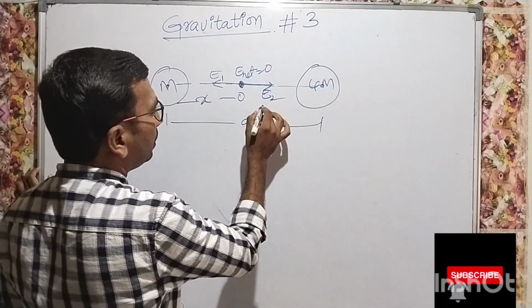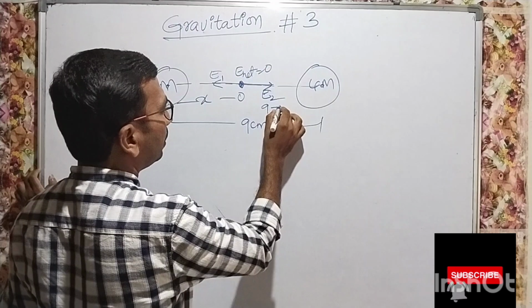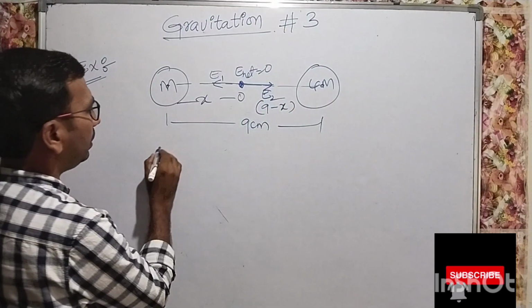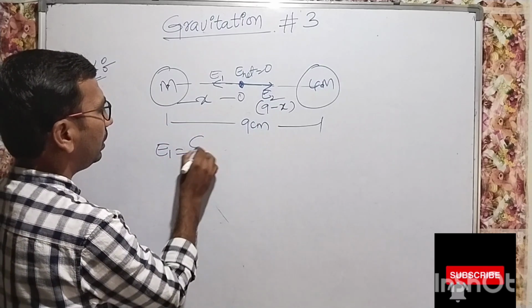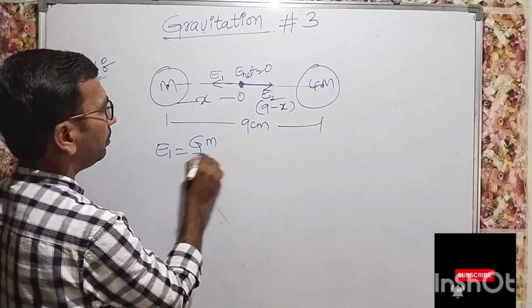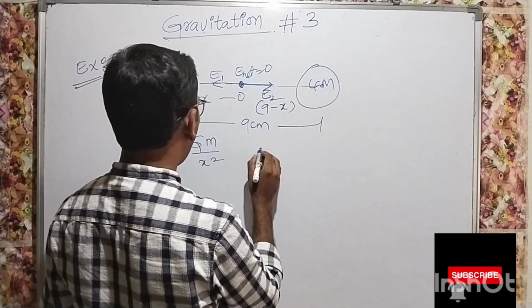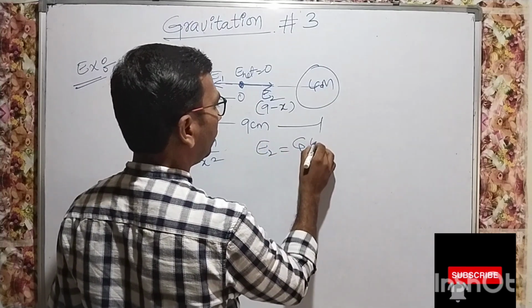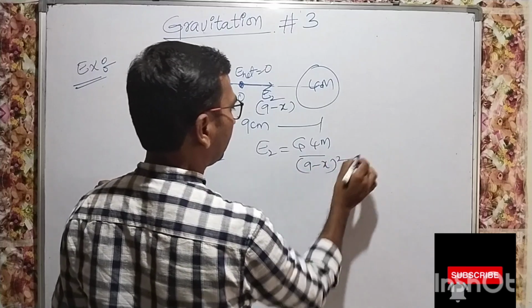This distance is x, which means this is 9 minus x centimeters. So E1 is equal to capital G m by x square, and E2 is equal to capital G 4m by 9 minus x whole square.